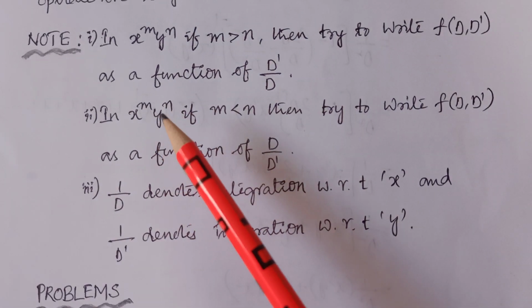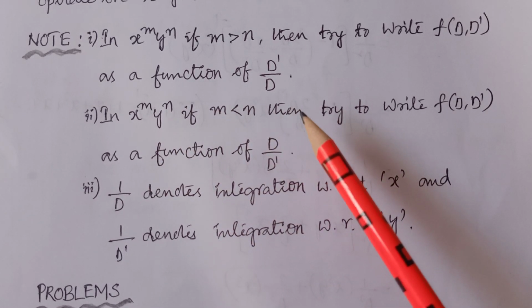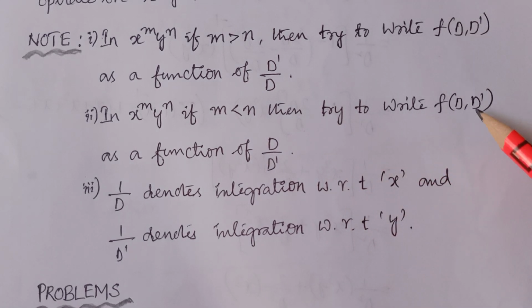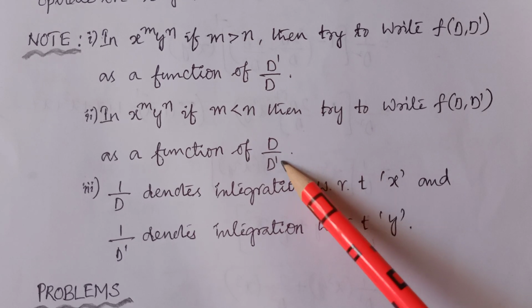In x power m y power n, if m is less than n, like x y square or x square y power 4, then try to write f of D comma D dash as a function of D by D dash.